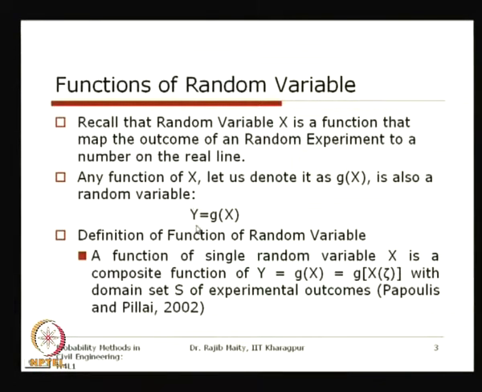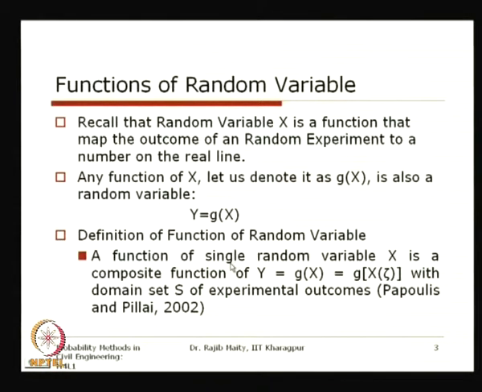So, we want to know the properties of this y when the properties of this variable x are known to us. So, the definition of functions of a random variable is like this: a function of a single random variable. Here we are discussing a single random variable.